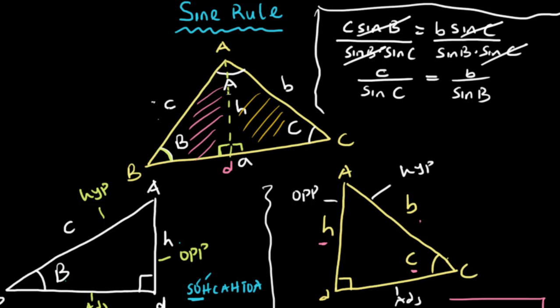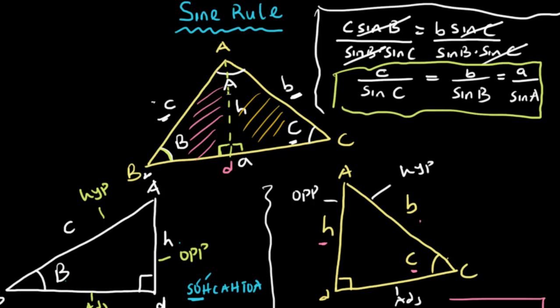Side C over sine C equals side B over sine B, and by extension equals A over sine A. This here is known as the sine rule.